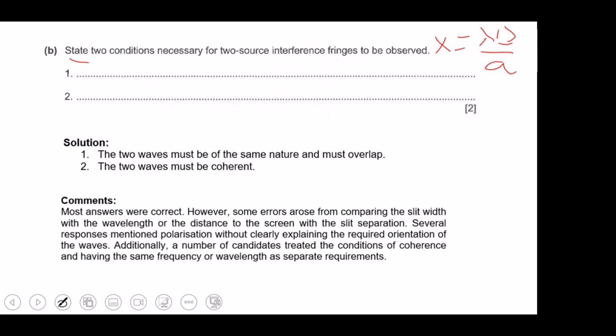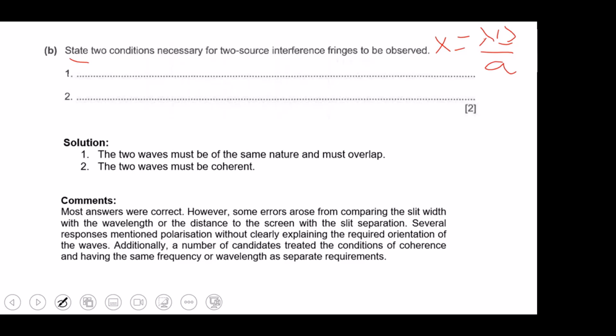Okay, most answers were good. Some errors arose from comparing slit width with the wavelength, or distance approximation, small slit separation, and far distance. Okay, polarization, of course, you need to talk about the plane, whether they must be polarized or unpolarized.